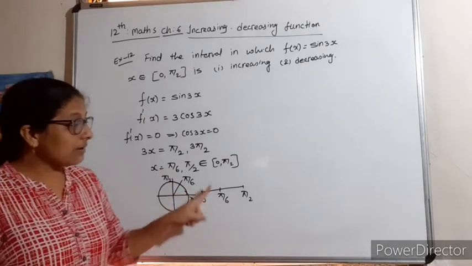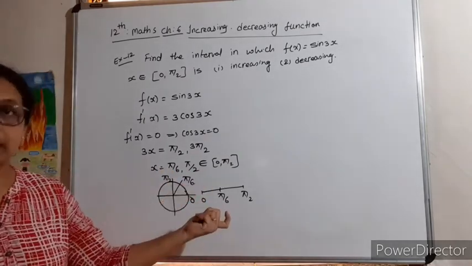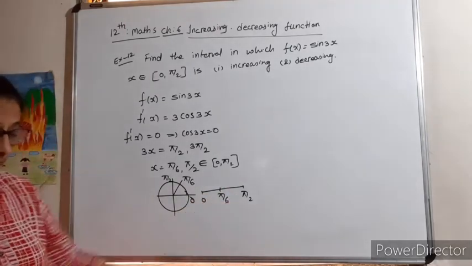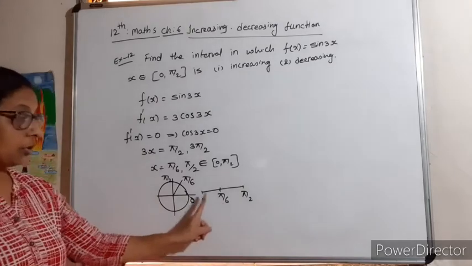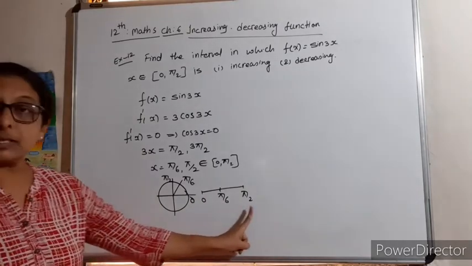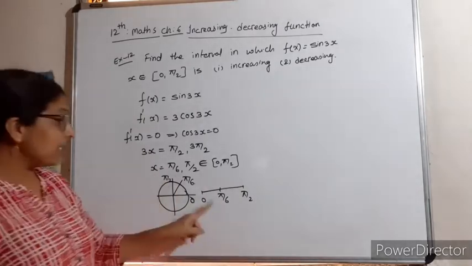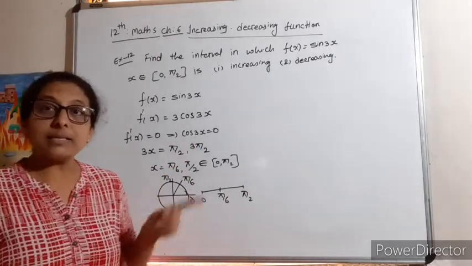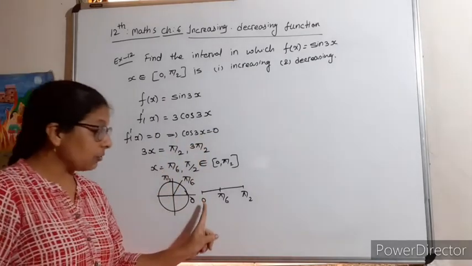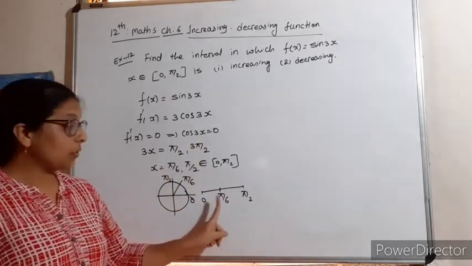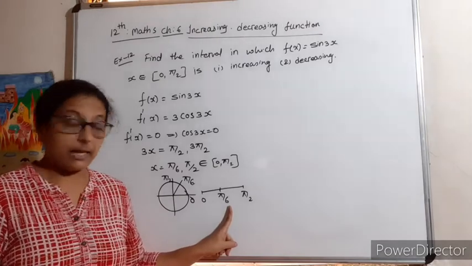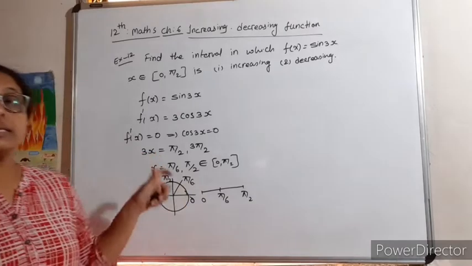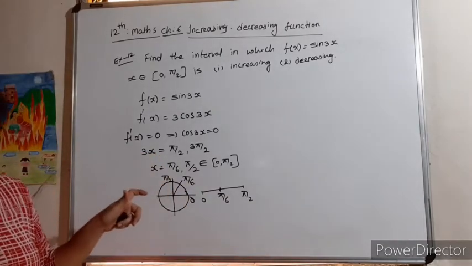So pi by 6 divides the interval into 2 different intervals, 2 disjoint sets में उसको divide करता है. So हमारा interval कौन सा बन जाएगा? 0 to pi by 6 and pi by 6 to pi by 2. But pi by 6 पे तो ये 0 हो रहा है, so we will not include pi by 6 in our interval. तो closed interval 0 to open interval pi by 6 we will take, and open interval pi by 6 to closed interval pi by 2. These are our 2 intervals, right?